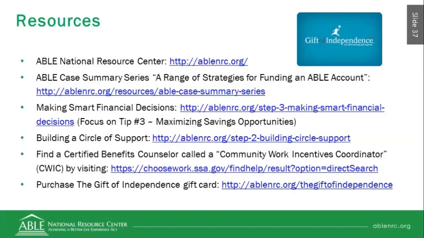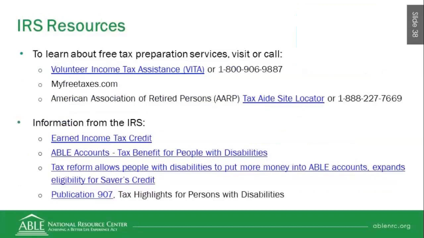On the next slide, we've got IRS resources to learn about, in this lead up to tax time, free tax preparation services. You can visit or call the Volunteer Income Tax Assistance, VITA sites, at 1-800-906-9887. You can go to myfreetaxes.com. And also there's the AARP Tax-Aide site locator that you can reach at 1-888-227-7669.